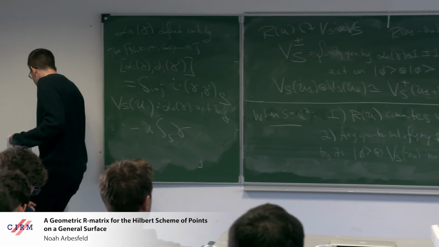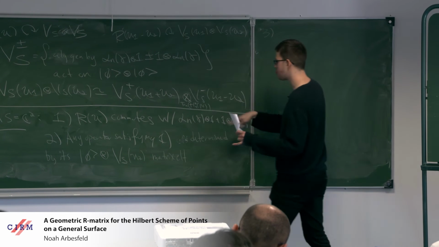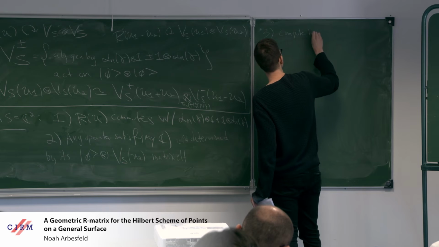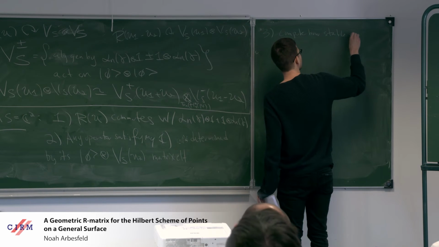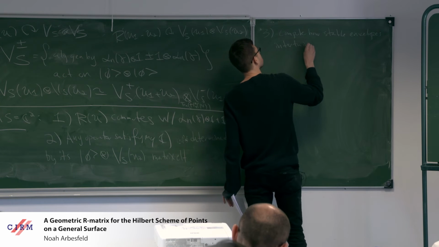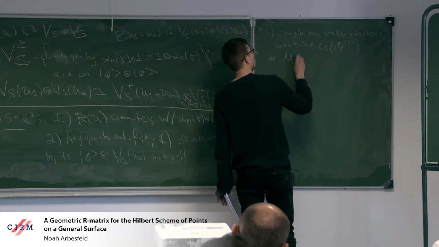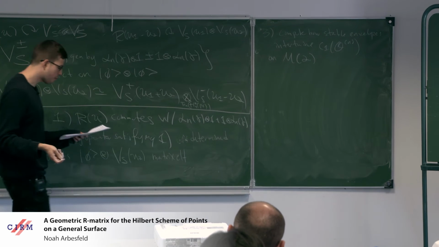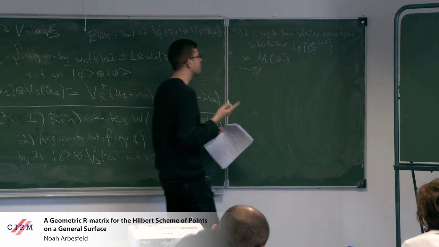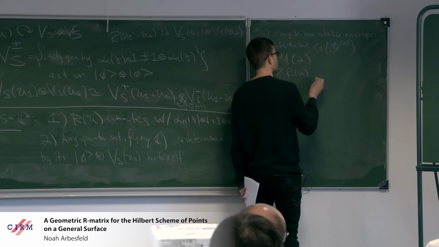Okay, and then finally one can pin down the exact form of R_u by computing how the stable envelopes intertwine classical multiplication with a tautological bundle on the moduli space of rank 2 sheaves. And what one sees in this case is that the R matrix can be expressed as a certain reflection operator.